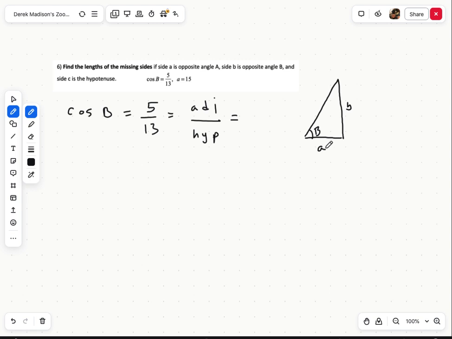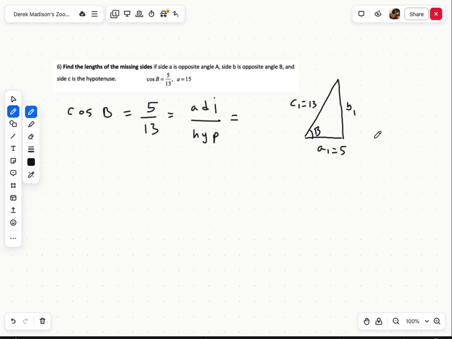So that makes this one the adjacent, and it makes this one C over here. I'm not going to call them A, B, and C. I'm actually going to call them A sub 1, B sub 1, and C sub 1, and you'll see why in a second. The adjacent side, at least in terms of the ratios, that's going to be 5. I don't know this one. I do know that the hypotenuse on this is 13.